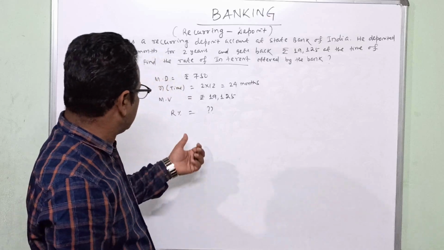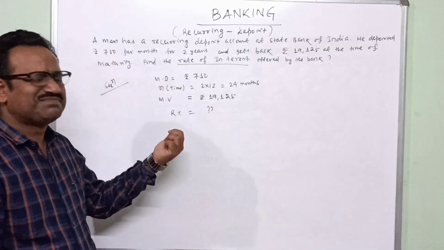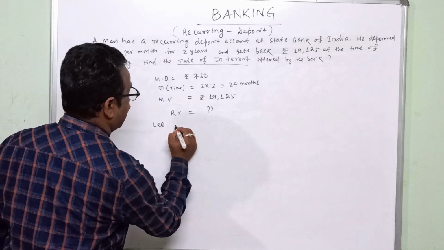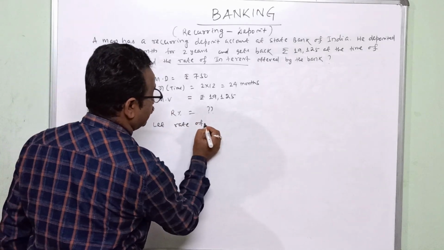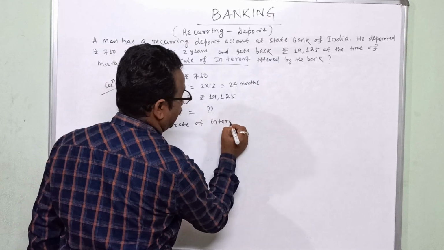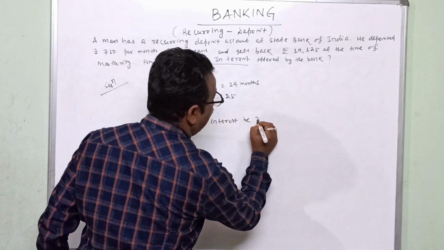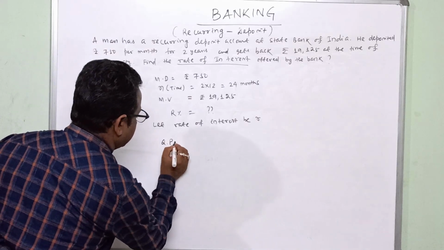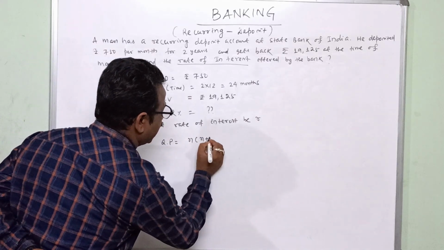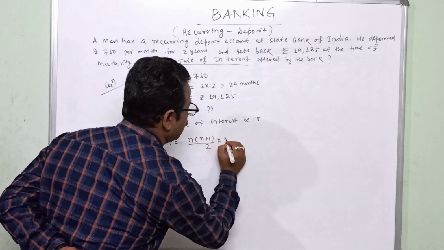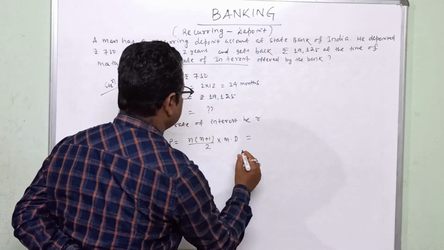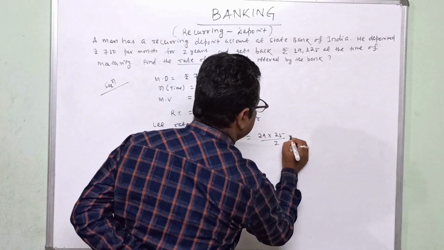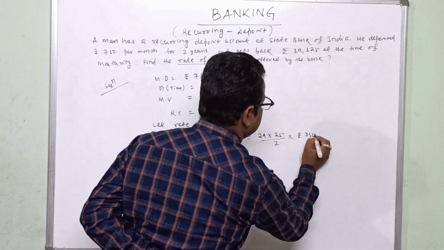So whenever we are going to find out the rate of interest, let the rate of interest be R. So QP is equal to N into N plus 1 by 2 into MD is equal to 24 into 25 by 2 into rupees 750.